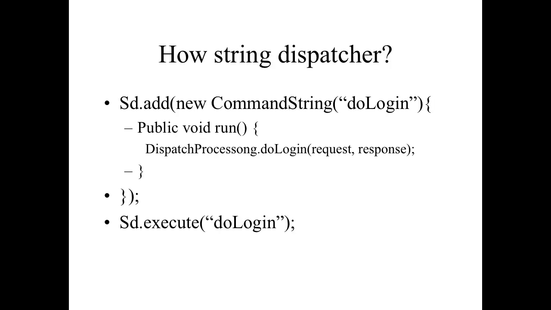But then you have to know how to do the dispatcher, so you'd have to put in a command string, then the dispatch that the command string associates with, and then you can do SD execute, whatever the servlet dispatcher does, and then throw in the do login mechanism with the request and response coming in from some sort of global, perhaps final variable.